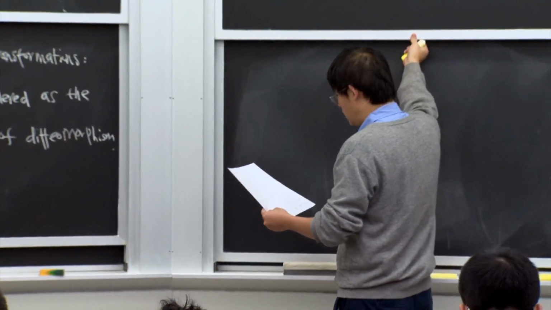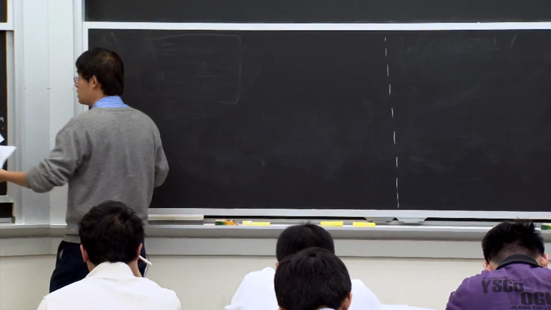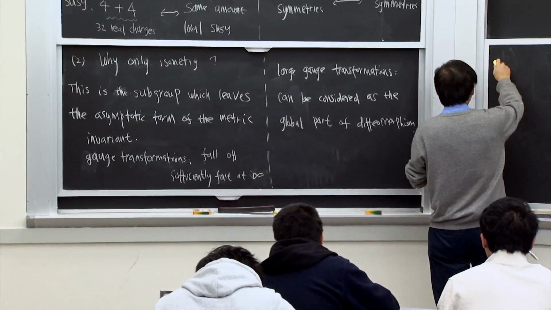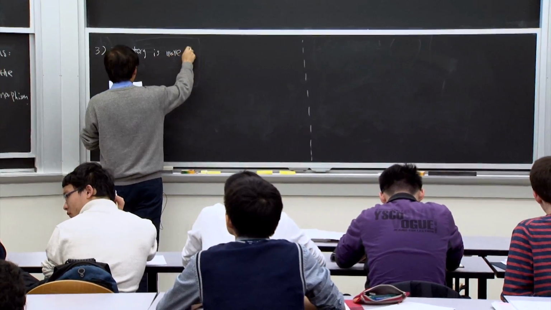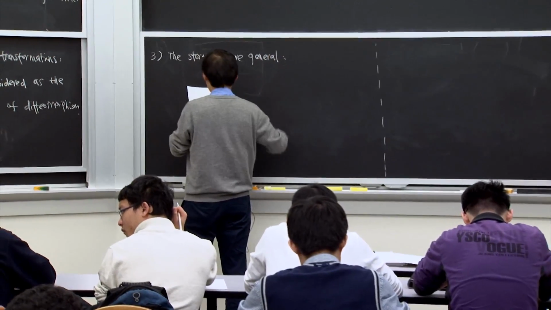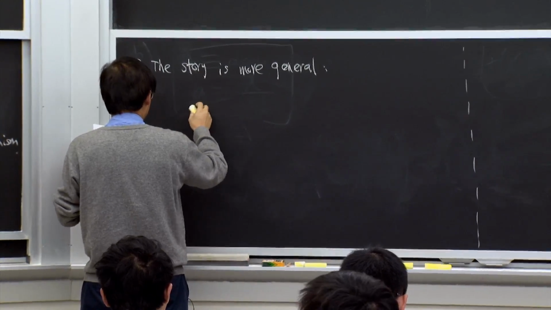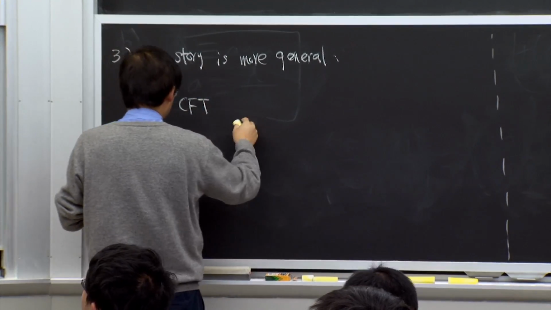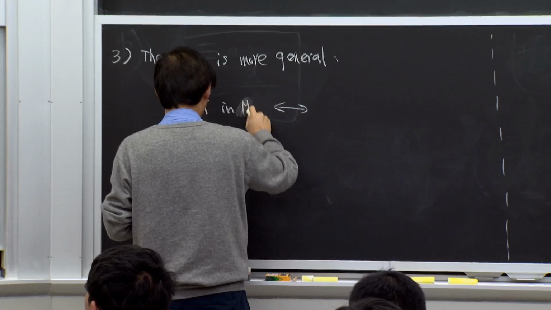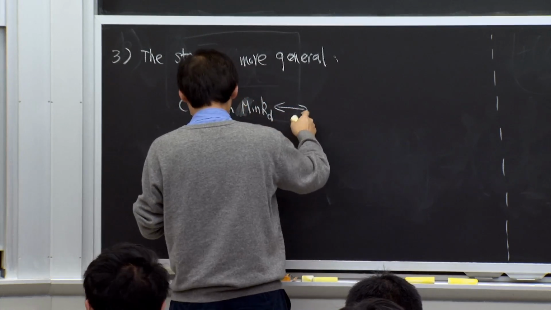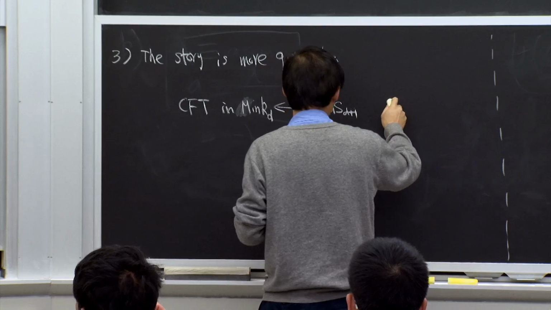So the story is actually more general. This is the statement for N=4 super Yang-Mills theory, but the story works more generally. Say you have a duality between a CFT in D dimensions, in Minkowski space, with AdS gravity in D plus 1 dimensions.